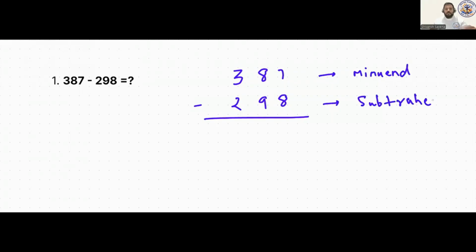So, as we could see, the digit in the minuend is smaller than the digit in the subtrahend. So complement of subtrahend 8 over here is 2. Add this 2 to 7. I write down 9 over here. Adding a bar to 9 makes it 10.